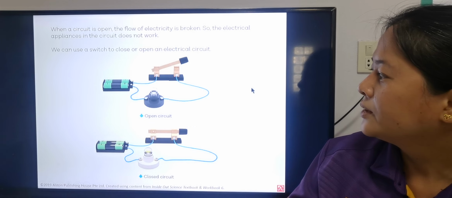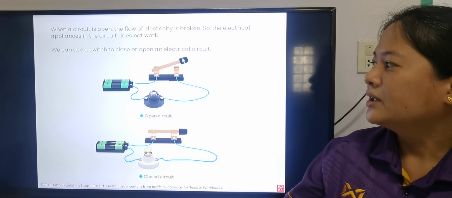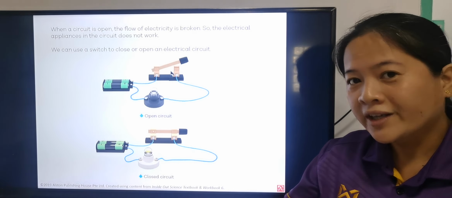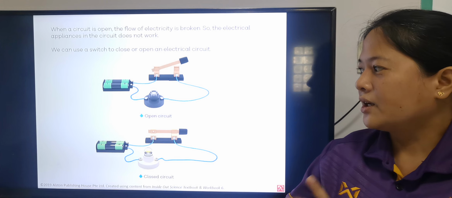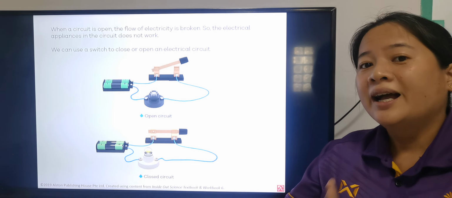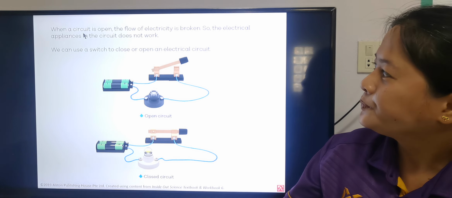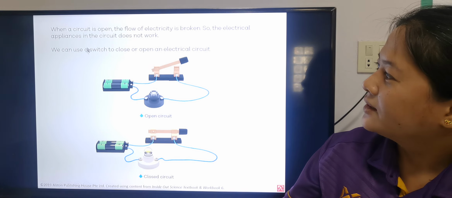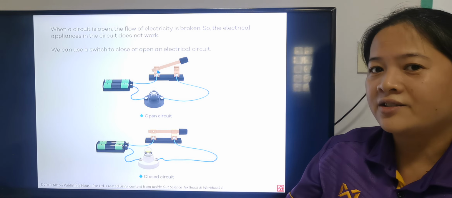So this one is about the switch, okay. It's not very important in making an electrical circuit, but it completes or makes an electrical circuit, okay, because in this one you can choose to open or close an electrical circuit.